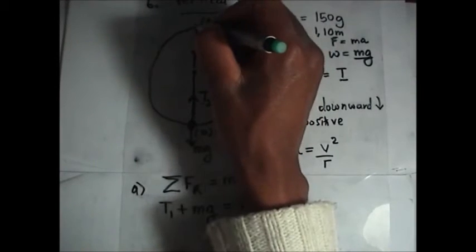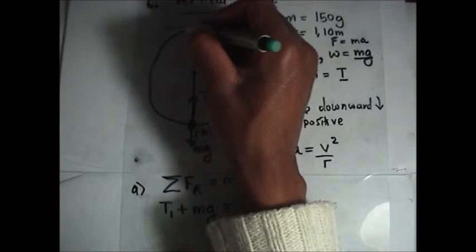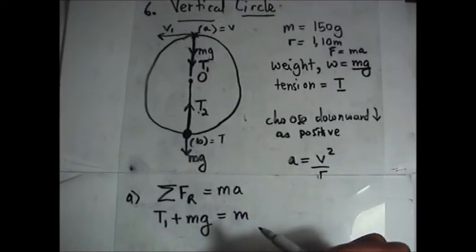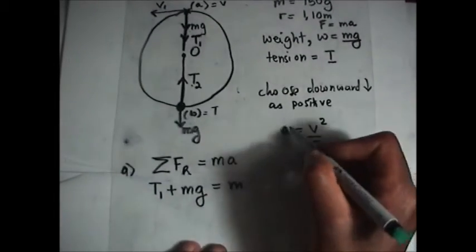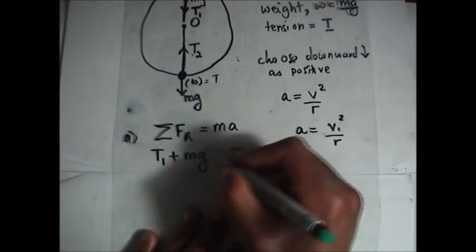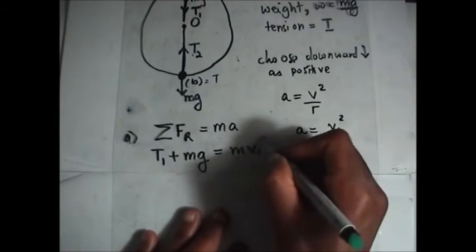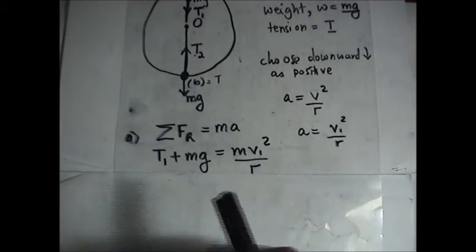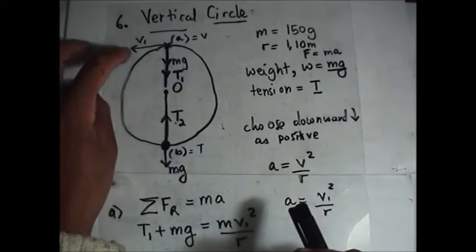Let the velocity at the top part be v1. So the acceleration at the top part is going to be v1 squared over r. So this centripetal force will be mv1 squared over the radius r. That is one equation that we have come up with, v1 being the velocity at the top.